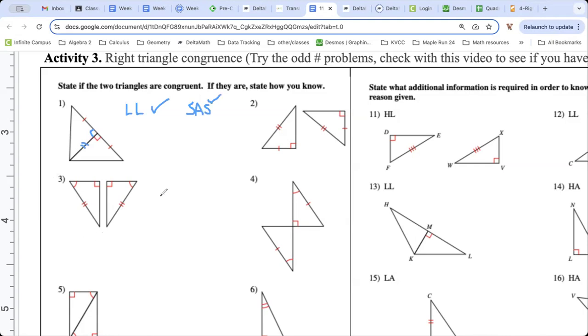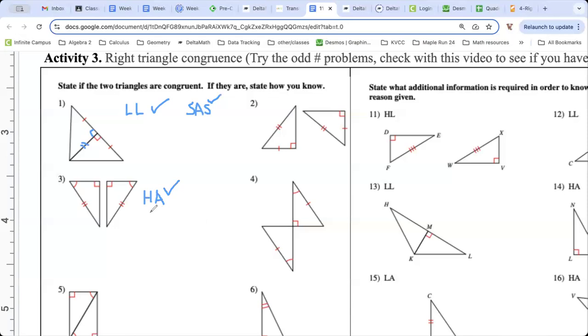Okay. Number three. What do we have here? Two right triangles. We have the hypotenuse congruent, and we have a pair of non-90-degree angles. So it's HA, and we know HA is a good sign.